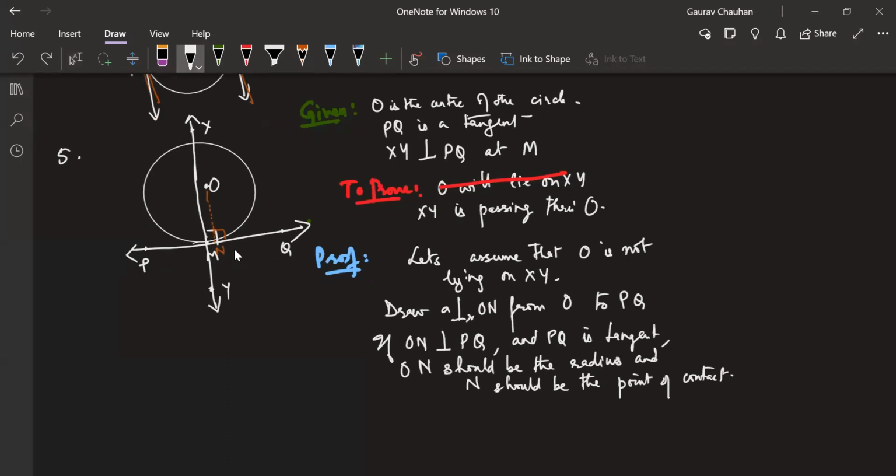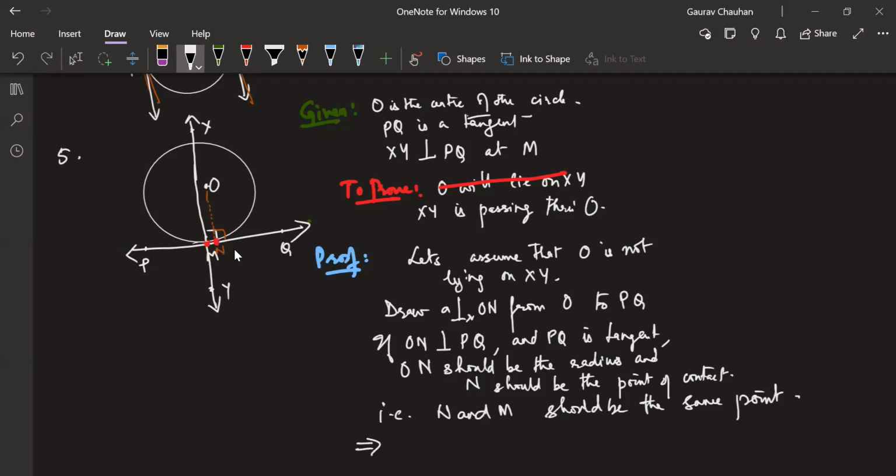All right. So N should be the point of contact. That is, N and M should be the same point, right? That's one way of looking at it. Now, if N and M have to be the same point, we can only draw one perpendicular at one point, right? We cannot draw more than one perpendicular at one point.